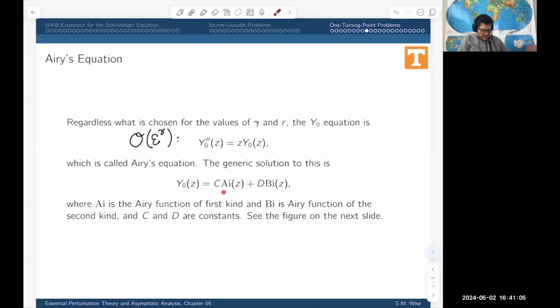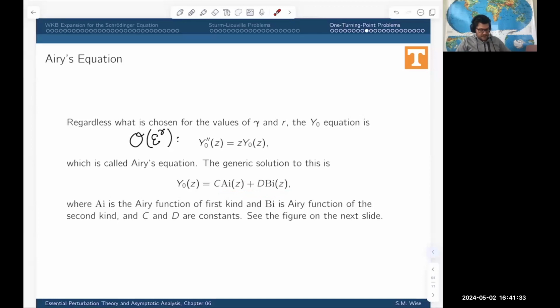So these are two linearly independent solutions. This is a linear ordinary differential equation. It's pretty complicated because it has a non-constant coefficient. So the only way you can really attack solutions like this is to do power series expansions, or sometimes you can get lucky and find a closed form solution. This one is not a closed form solution.